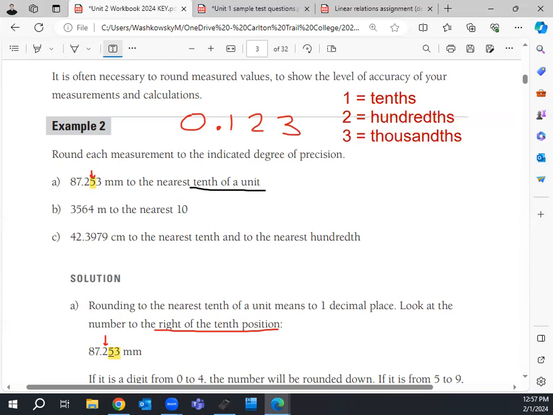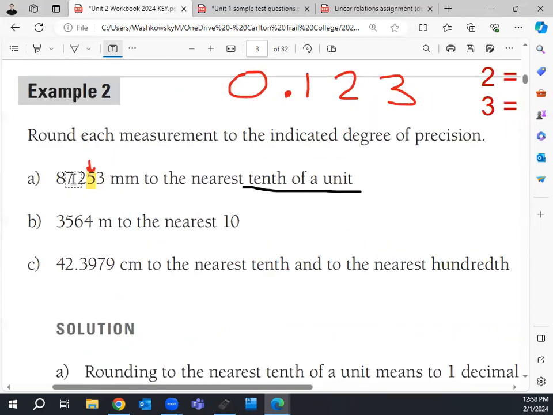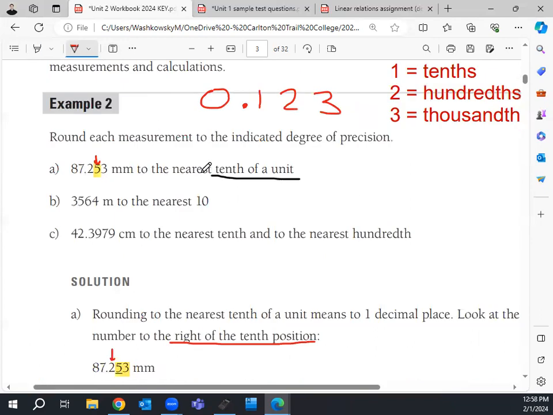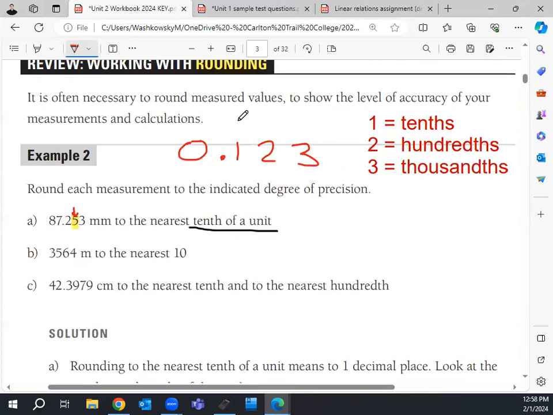Like, so 2 would be 1, and then 5 would be 10ths, right? Oh, you're looking at this one. Yeah. So the 2 would be the 10th in this case. So I'm looking at the number to the right of it. Sorry, that's what I meant to highlight there. So I gave you guys a bad explanation, and that's my bad. But yeah, the first decimal place is our 10th, the second is our 100th, and the third is our 1000th. Oh, okay. Yeah.